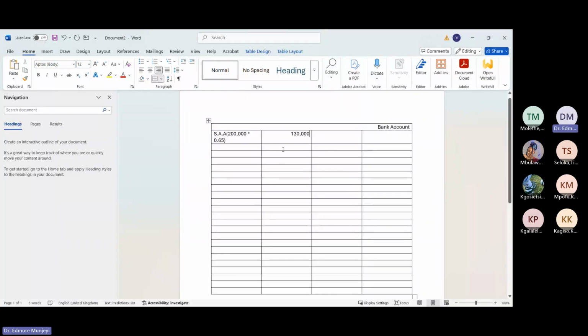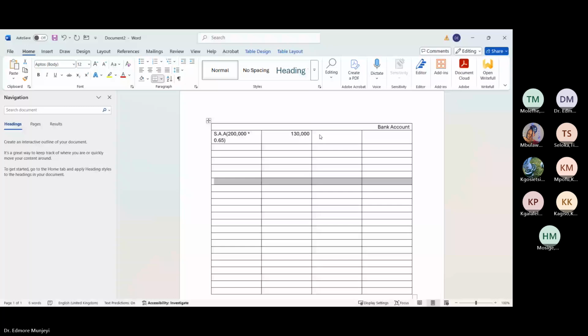Now, since we have entered 130,000, we open the share application and allotment account to be able to credit it with that amount, 130,000.